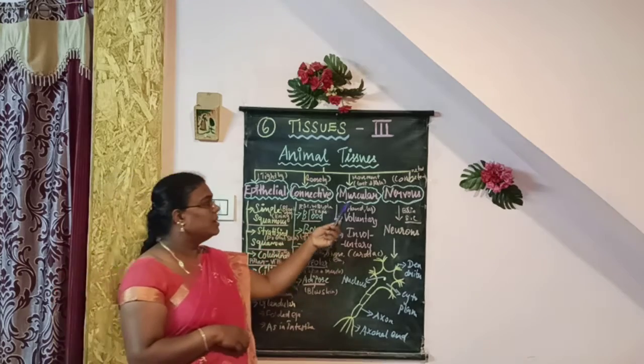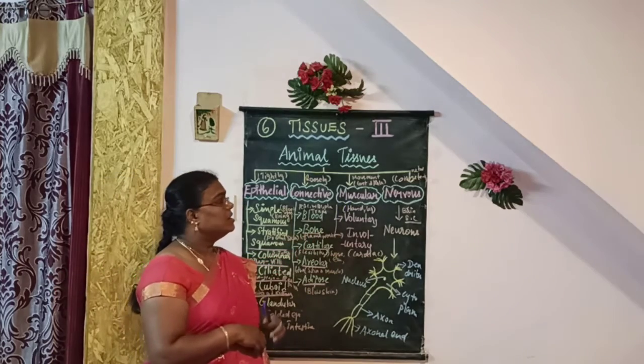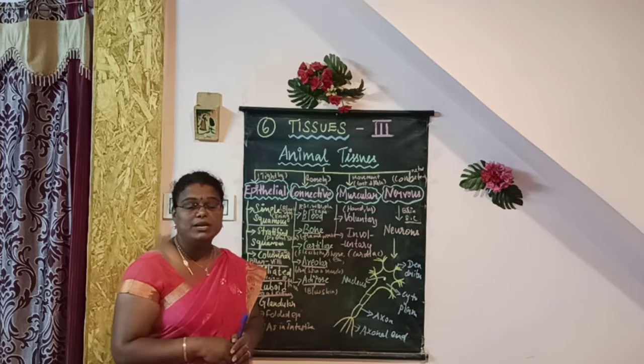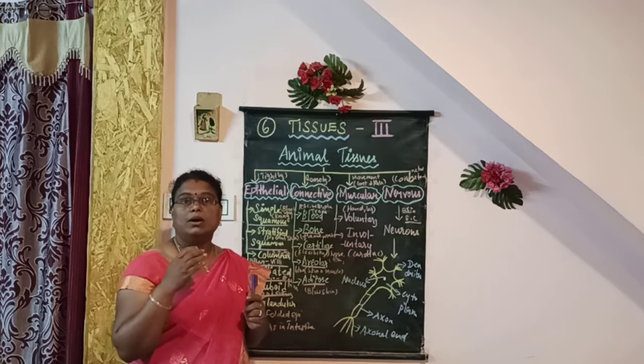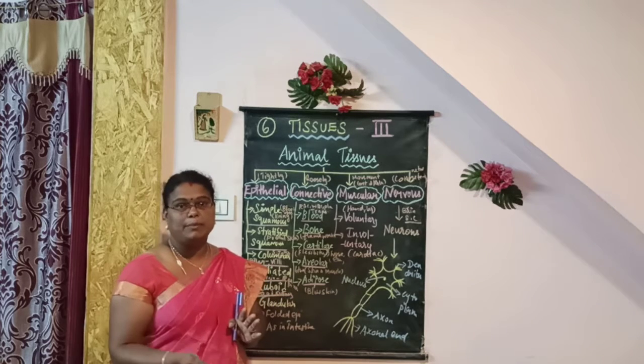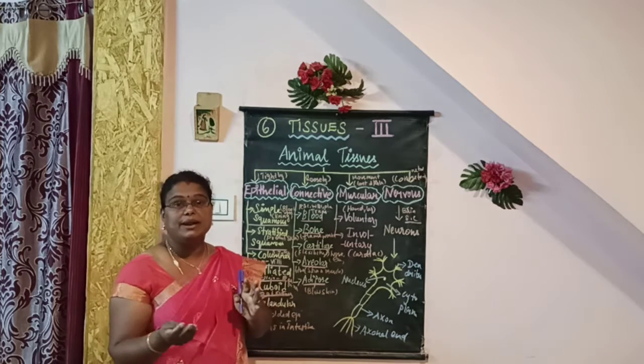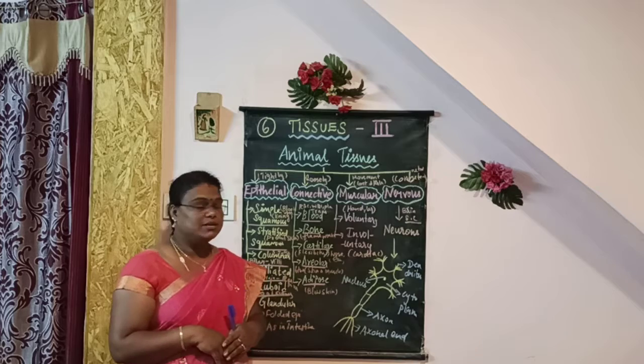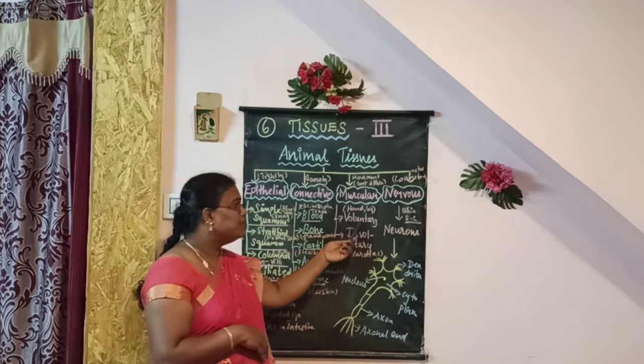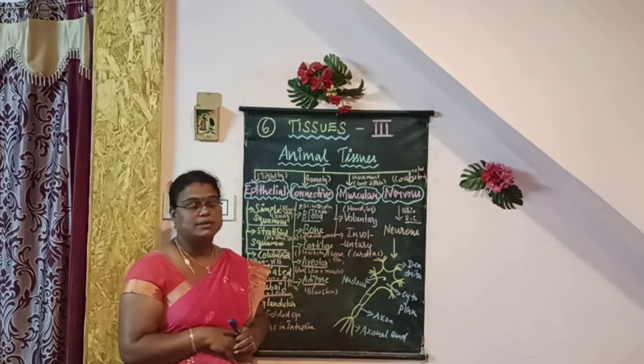And next one is muscular tissue. This muscular tissue helps in movement of an animal from one place to another place. This movement takes place by the contraction and relaxation of the muscles, and the types are voluntary muscles and involuntary muscles.